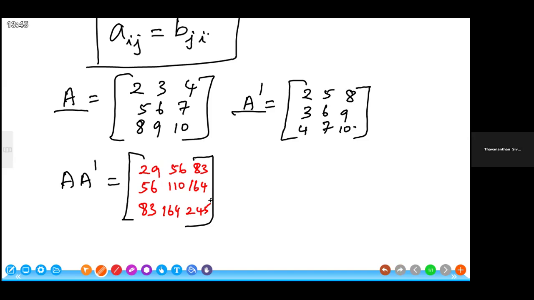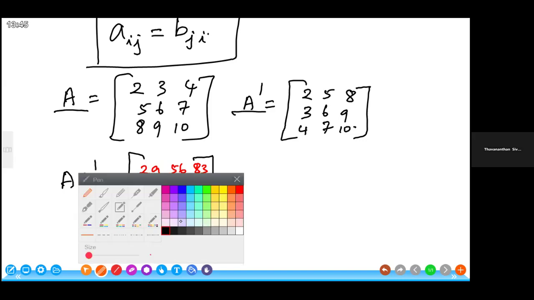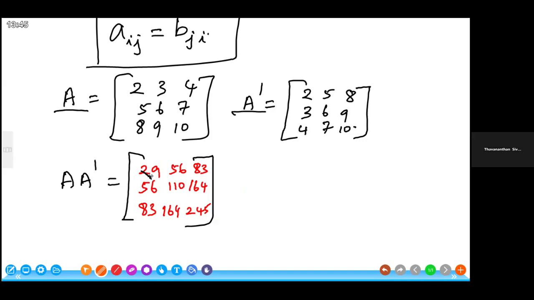Can you observe something here? First of all, is this a square matrix or not? Yes, it is a square matrix.